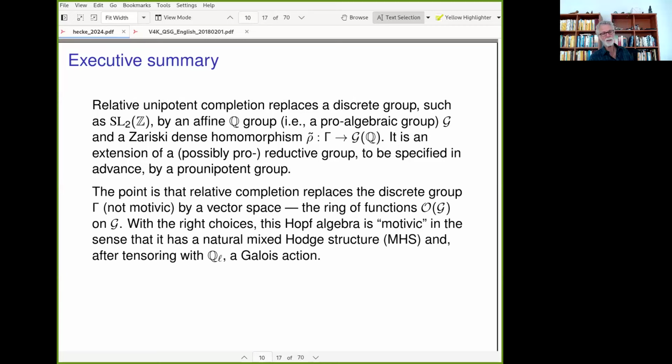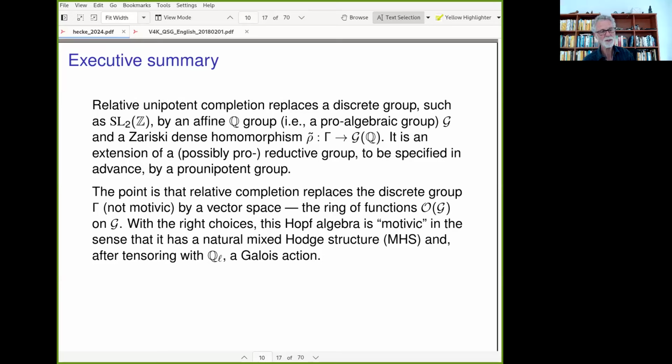And why are we doing this? It's because a discrete group is not motivic, or not in any sense that I understand. To get a motivic structure on it, we have to replace it by a vector space. There are all sorts of ways you might imagine for doing that, but the best way would be to replace the group gamma by the ring of functions on an affine group.